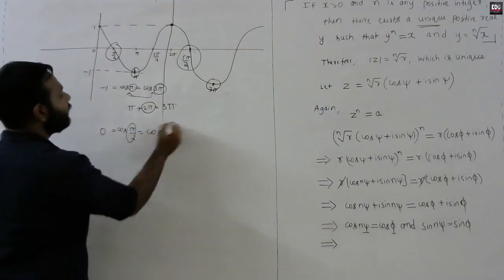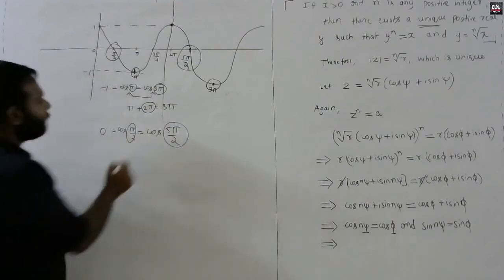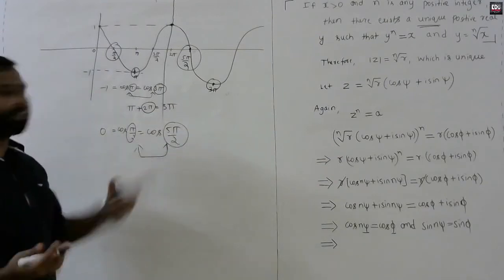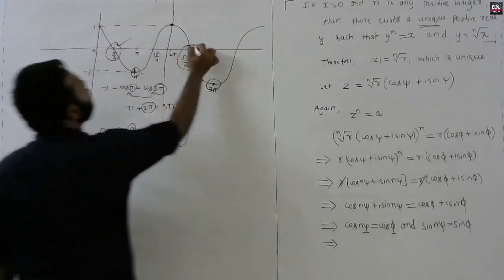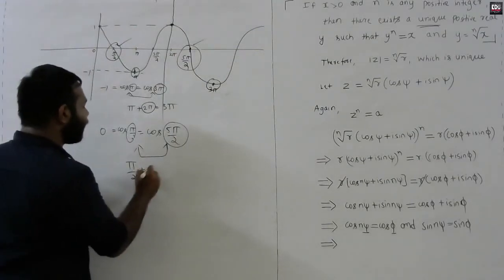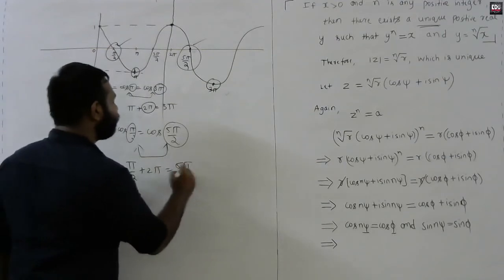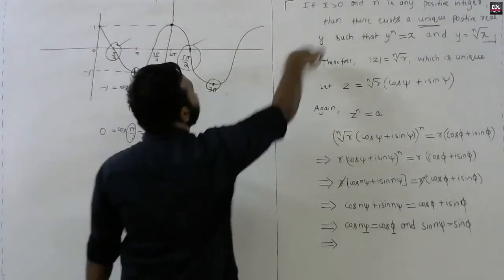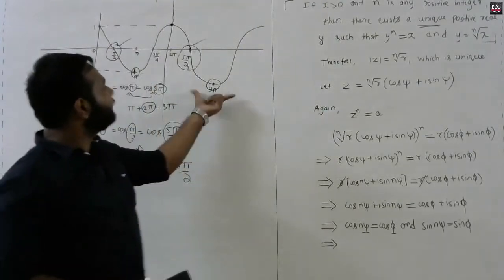That shows that these two angles need not be the same, even though these two values are the same. But these two have some relation. First of all, these two are symmetric points, and moreover, by adding 2 pi you will get 5 pi by 2. If you continue the cycle, this is the second cycle.